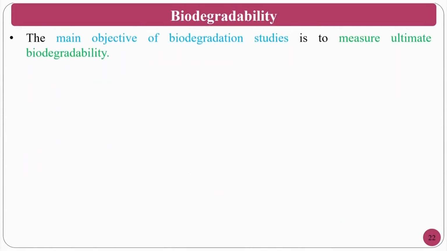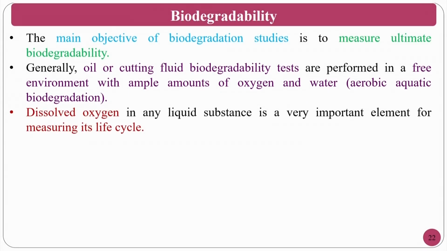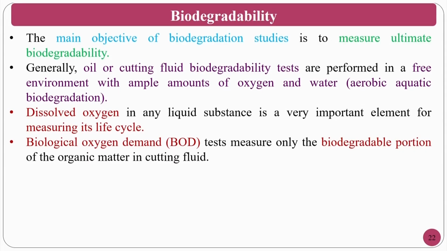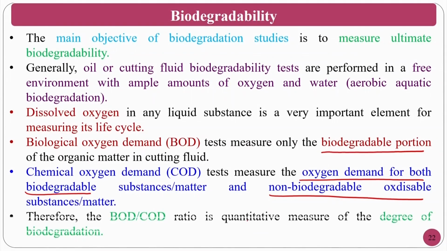So, the main objective of a biodegradability study is to measure the ultimate biodegradability. Generally, oil or cutting fluid biodegradability tests were performed in a free environment, and dissolved oxygen in the liquid substance is very important for measuring the life cycle. Biological oxygen demand measures only, you should be careful about this, it can only degrade the biodegradable portion, and chemical oxygen demand measures oxygen for both biodegradable and non-biodegradable substances, as I said earlier.